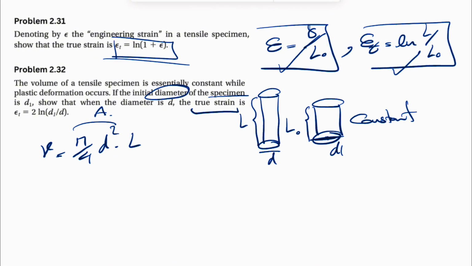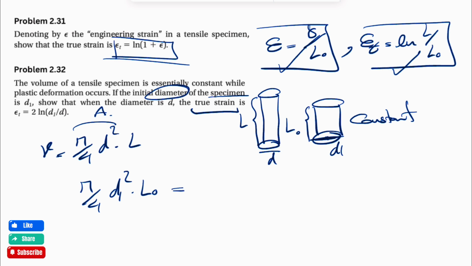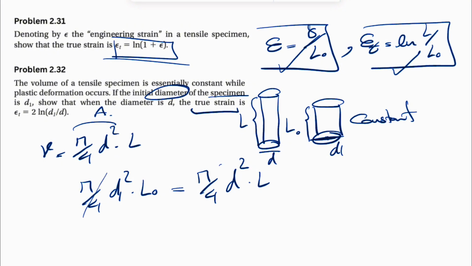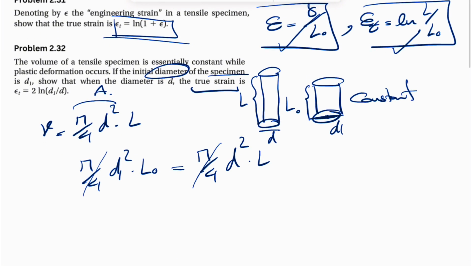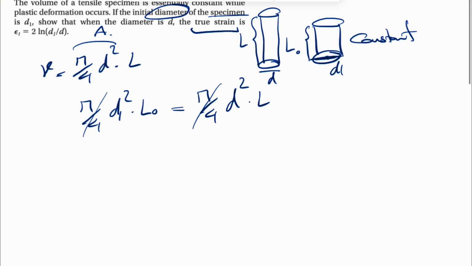So the volume of these two are the same. For the first one, we have pi over 4 d1 squared times L0, and this has to be equal to pi over 4 d squared times L. We can cancel these, and I'm going to bring the length on one side of the equation and the diameter on the other side.